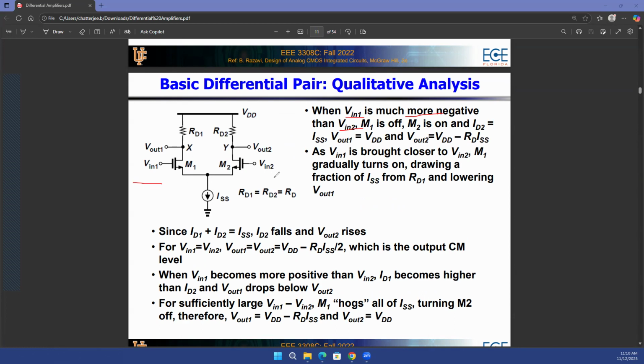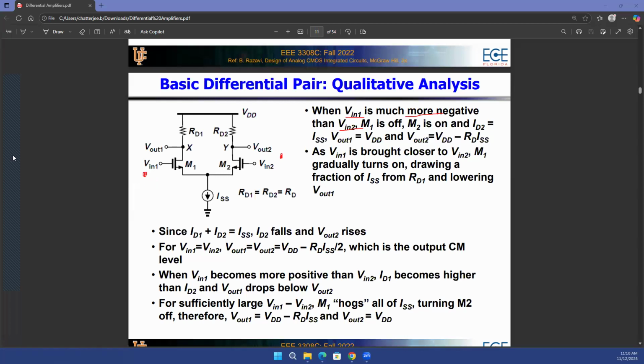Let's not go into the details of whether we are applying AC voltage or DC voltage, or how the input common mode looks like, or what the signal swing of the AC is. Let's not go into all those details right now. Let's make things simple. At time t equal to some time instant, let's say t1, you have a single voltage at V in 1, and you have a single voltage at V in 2.